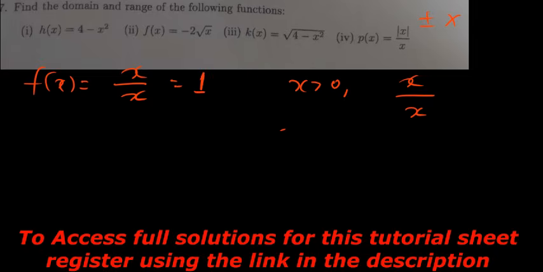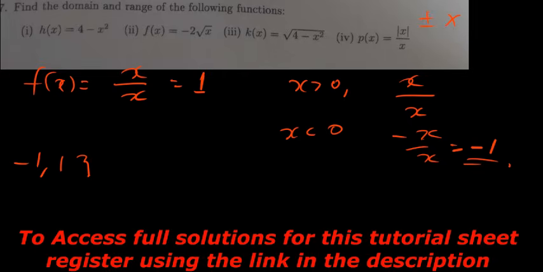If x is less than 0, then it's going to be negative x over x. Then in that case, it's going to be negative 1. If that's the case, the range, the only values that can fit here to make this function defined is just negative 1 and 1.